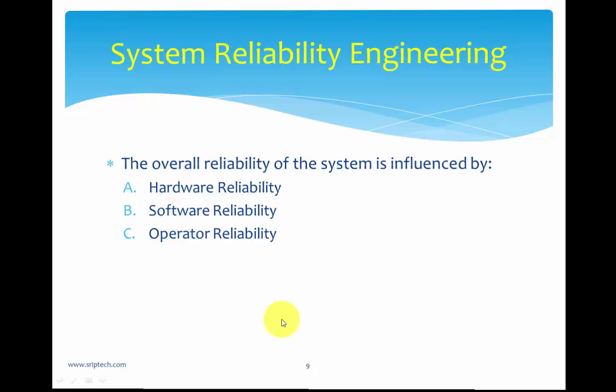If the hardware gives wrong values to the software, the software will compute wrong values and give you wrong results. When the software gives wrong results, the operator working on that system will look at them and try to do certain activities which may stall the entire system. Now I will give you one simple example.